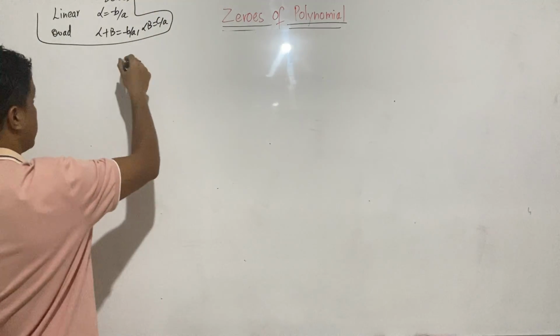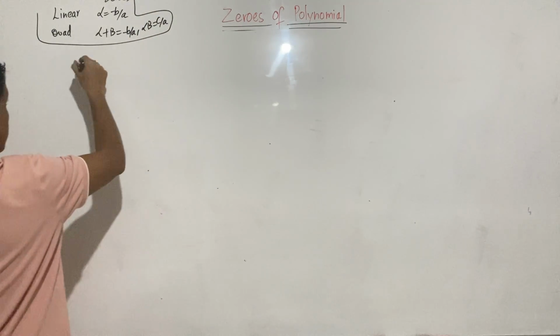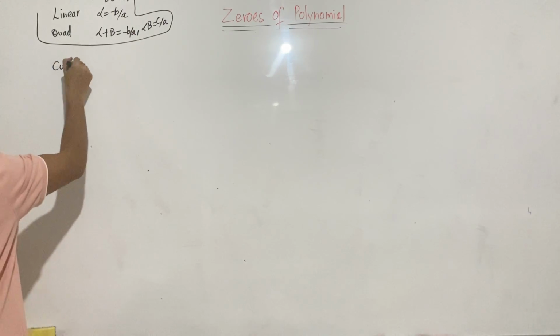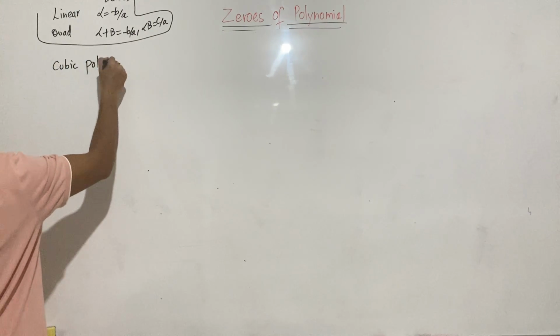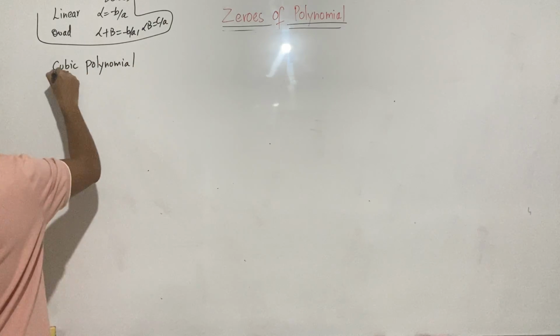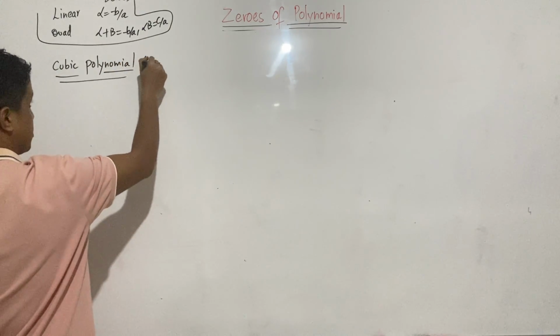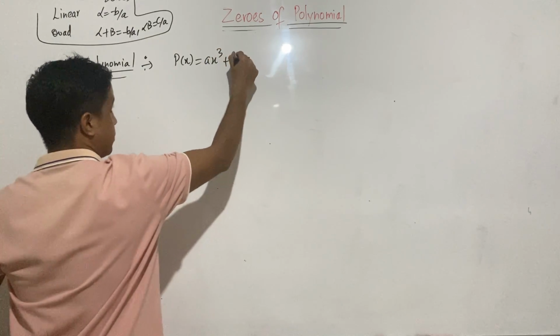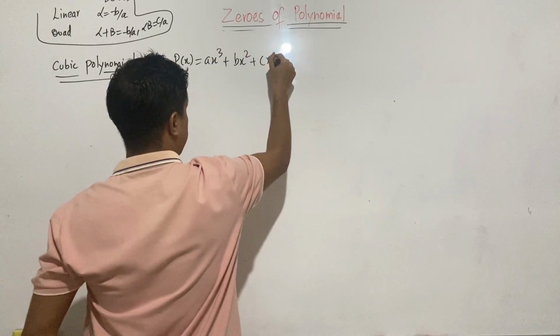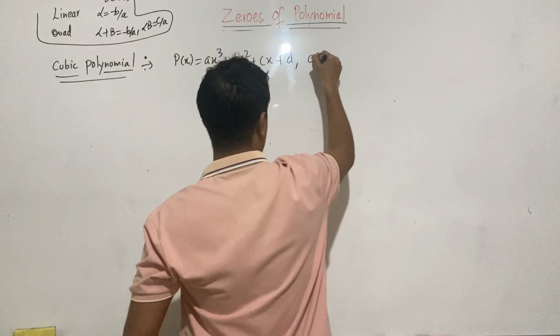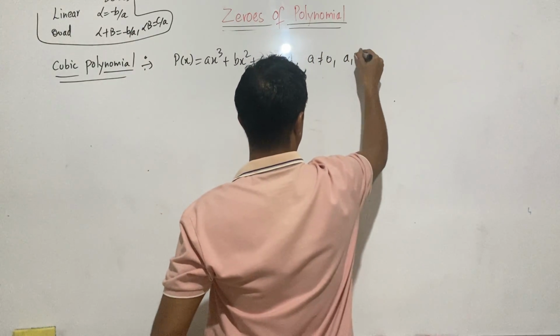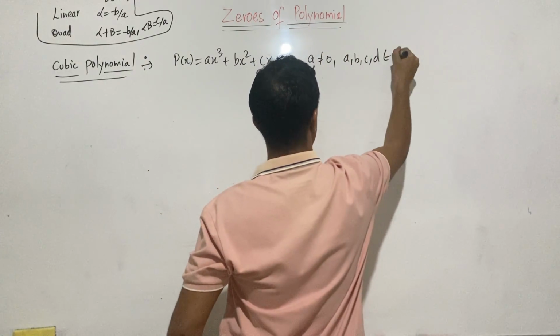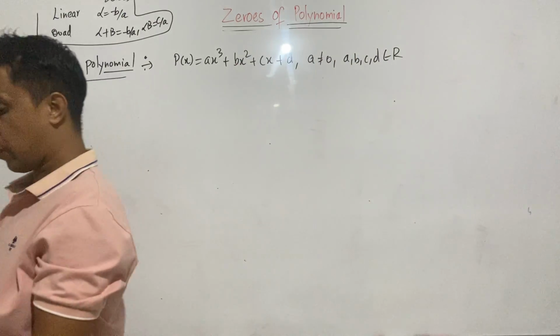Now next is our cubic polynomial. See here, the cubic polynomial general expression is ax cubed plus bx squared plus cx plus d, where a is not equal to 0 and a, b, c, d belong to real numbers. This we know, right?